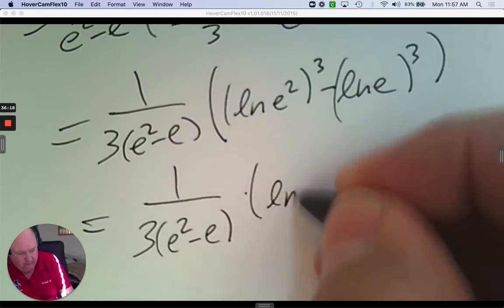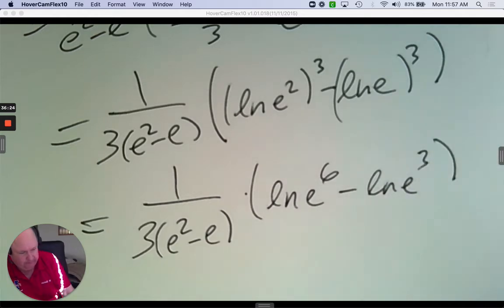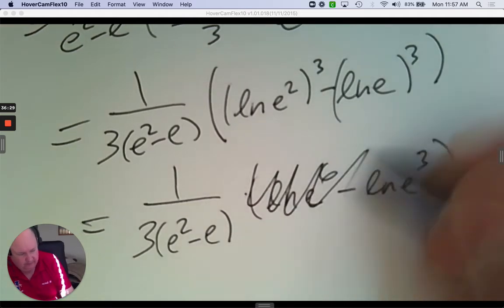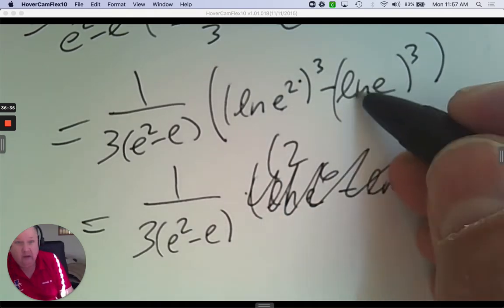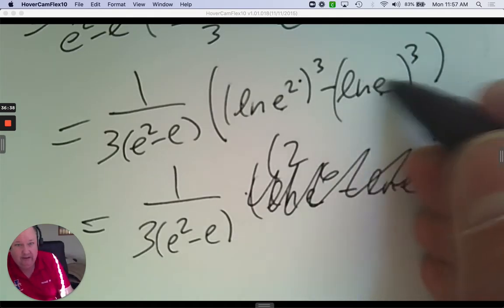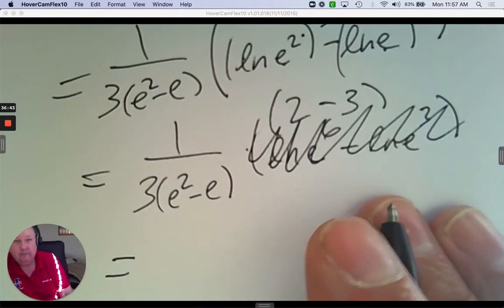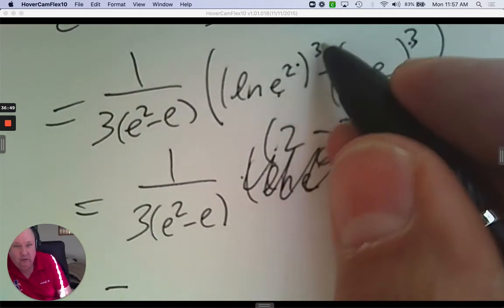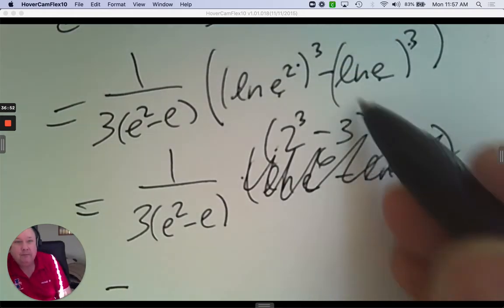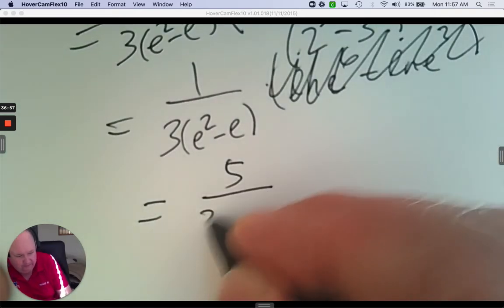So ln e squared is just 2. Ln e, they simplify out, leaving me with 3. So ln e squared is 2, and you're cubing it, so that's 8. Then ln e leaves you with 3. So that's 8 take away 3, so it's going to be 5 over this.